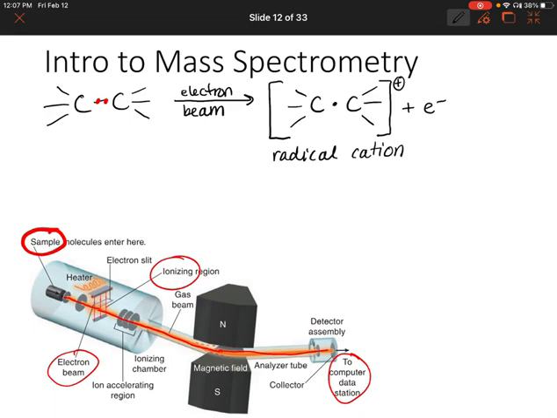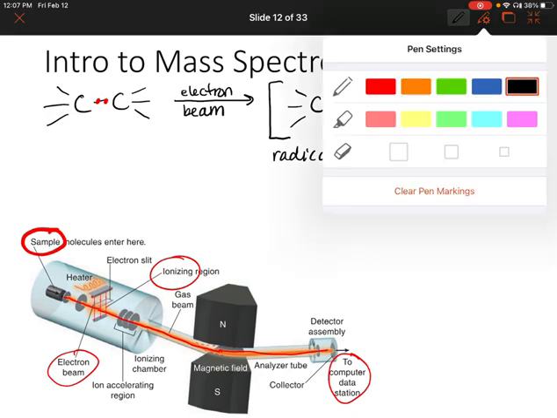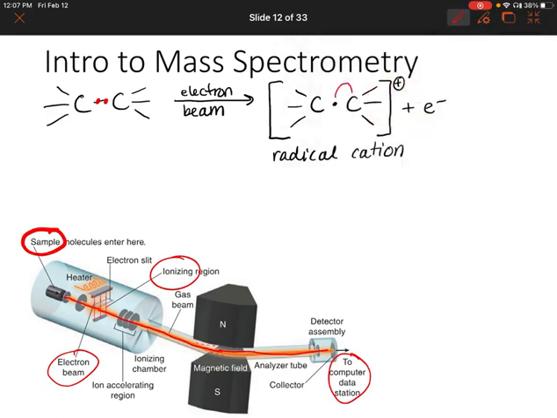And that will be important later. Now, what can happen next is that single electron can move to one of the carbons, and we end up forming a carbocation and a radical.